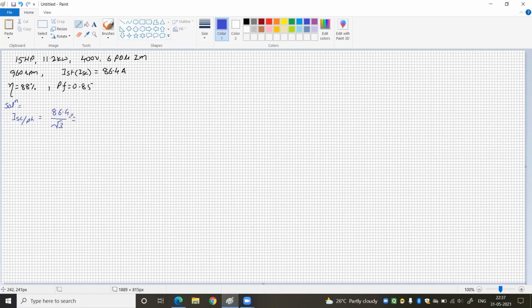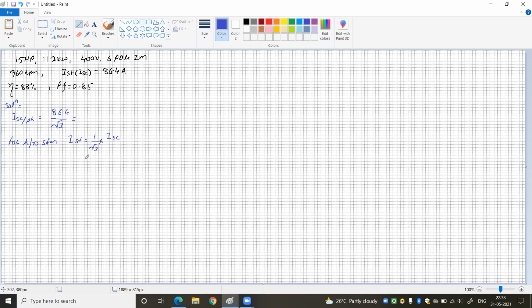Okay, now for star delta starter, starting current is equal to 1 upon √3 into starting current or short circuit current by DOL starter.